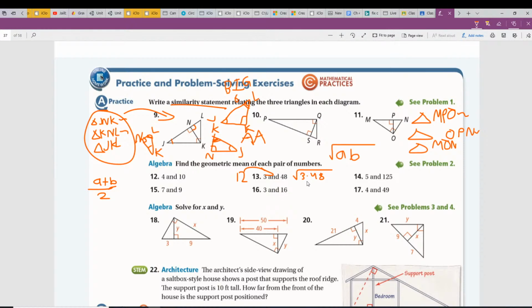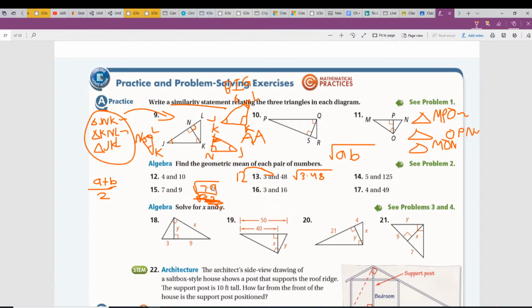Let's go to number 15, where we have 9 and 7. So the square root of 7 times 9 is the square root of 63. Well, actually, let's erase that here because this is not a perfect square. Almost is.